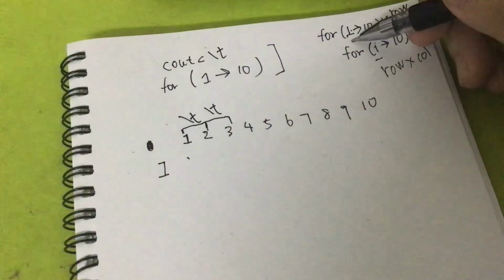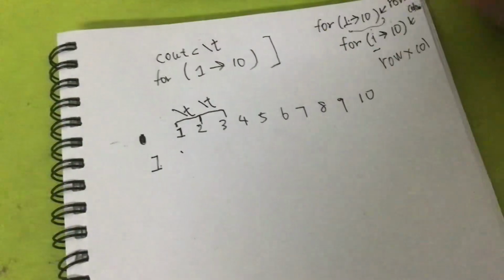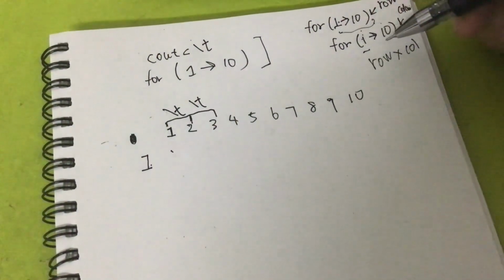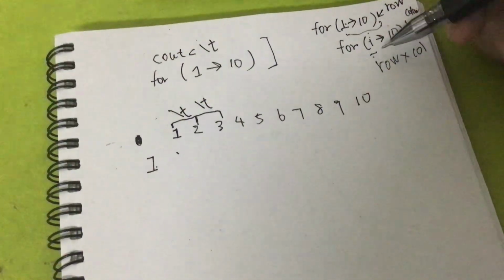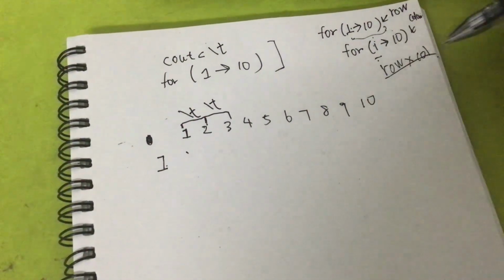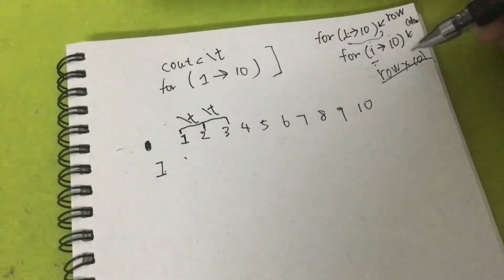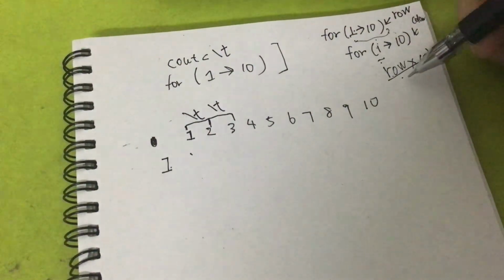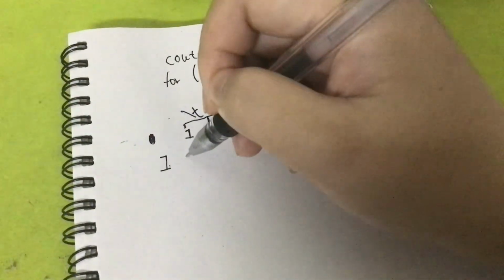Okay, so when the first loop is 1, the for loop will be equal to 1, and it will also execute this one, which is row times column. So in this case, 1 times 1 will be equal to 1, so here will be 1.